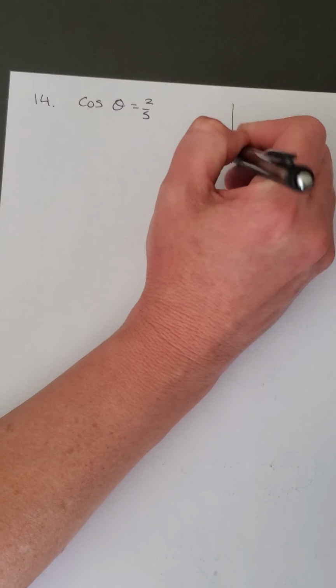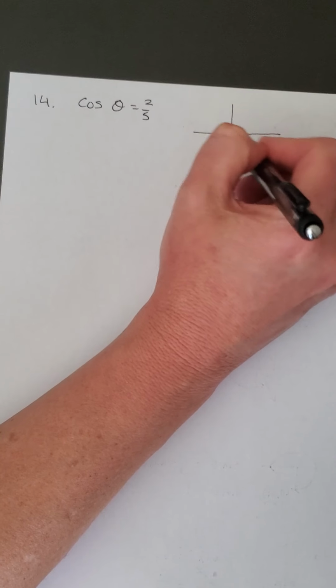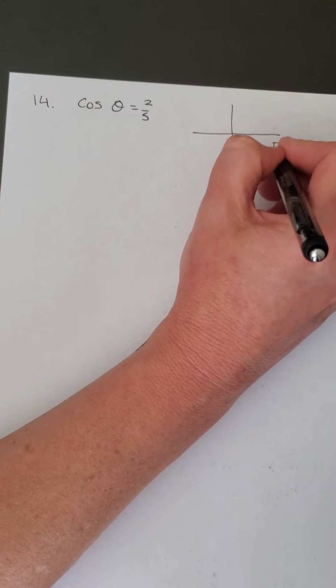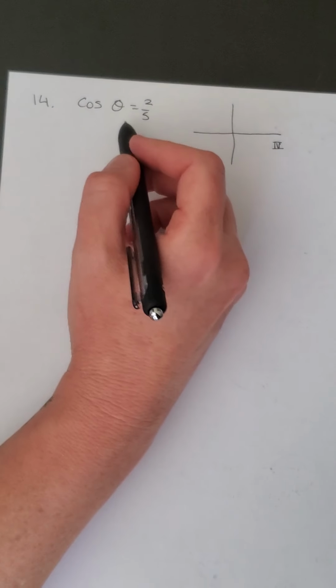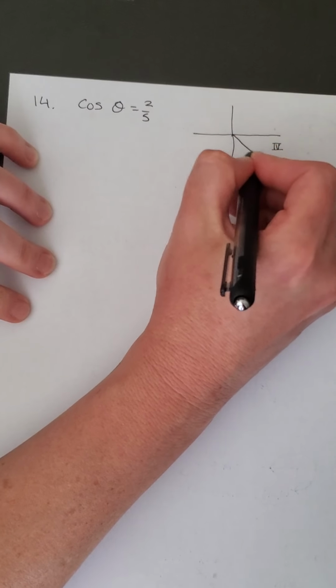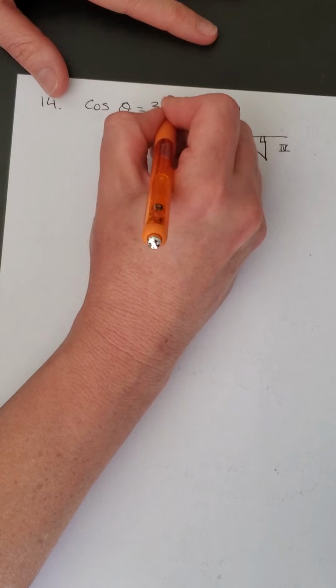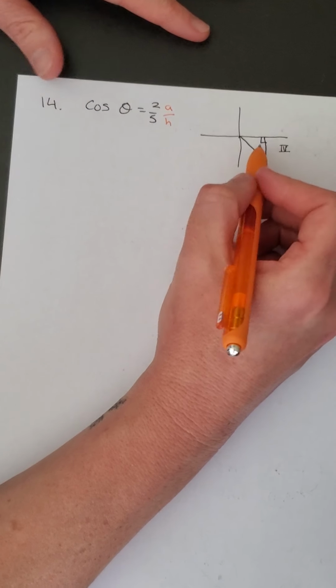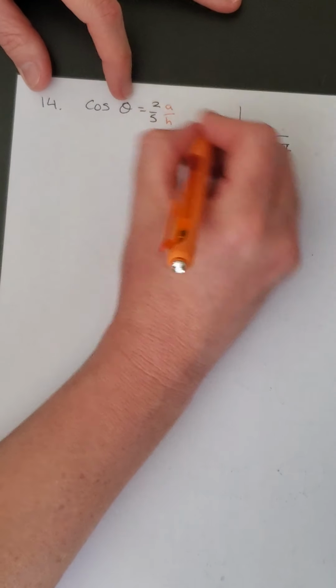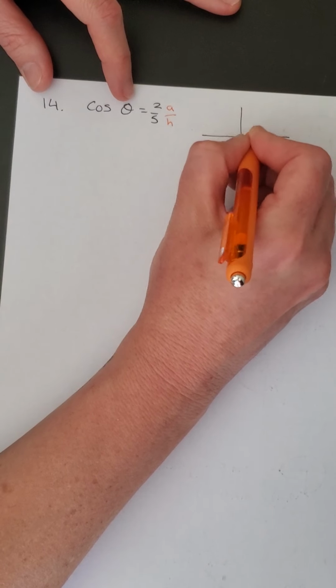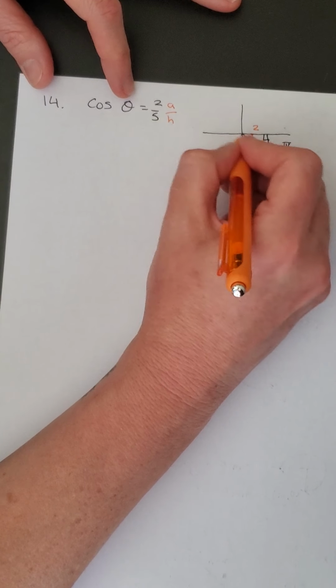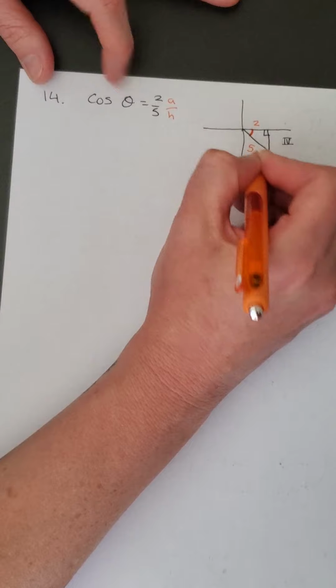So theta is in the 4th quadrant, which means we're over here in quadrant 4. For cosine 2 over 5, we're just going to draw a reference triangle. Cosine is adjacent over hypotenuse. So my adjacent is the 2, next to theta, and the hypotenuse, which is across from our right angle, is 5.